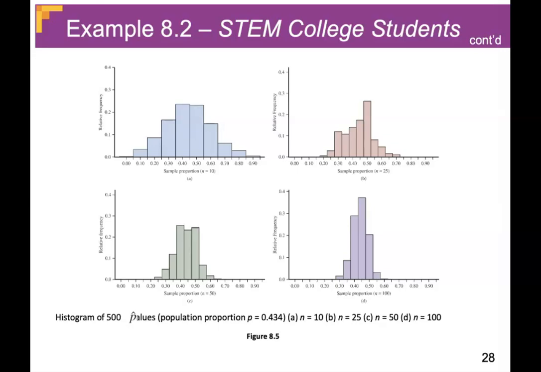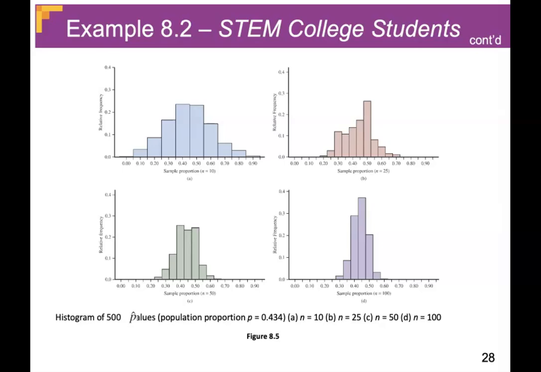Now, it looks like when you go to B that there's more variation, but I want you to see that the overall variation went down. We're now only looking from 0.2 to 0.7, and we do seem to be mounding a little bit more there in the middle. But it's not until we see our samples of 50 and 100 that we really get a better normal distribution where there's a big bulk there in the middle.